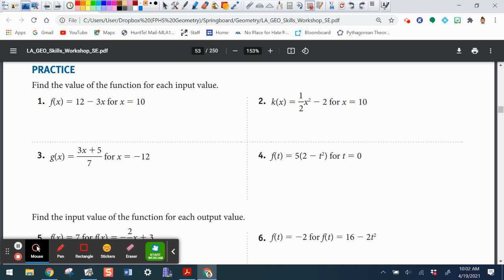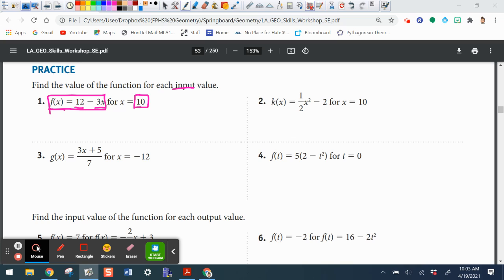The directions tell us to find the value of the function for each input value. So we're going to take the input value, which reads f of x equals 12 minus 3x for x equals 10. So 10 is what we call our input value. We're going to plug it into this function, and we're going to produce an output.